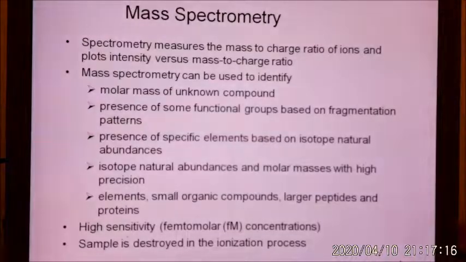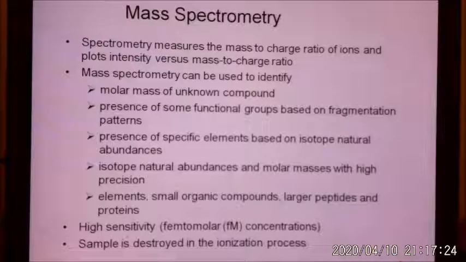What about mass spectrometry? In mass spectrometry, we measure the mass to charge ratio of ions, and we plot the intensity versus the mass to charge ratio. Most of the time when we talk about a molecular ion, the charge is plus for the molar mass.